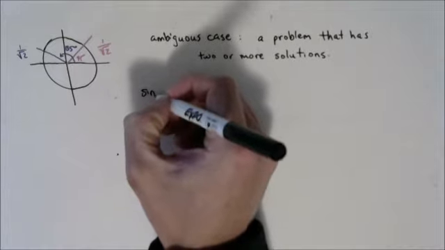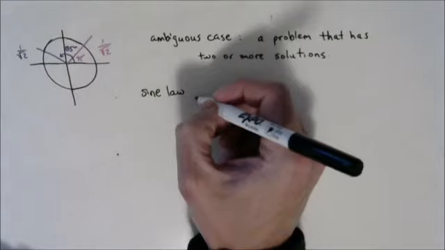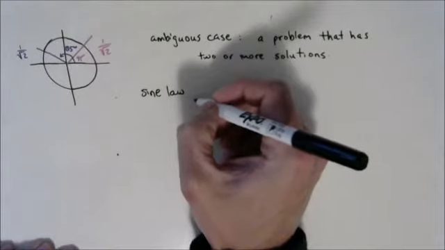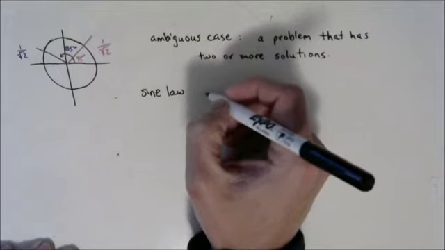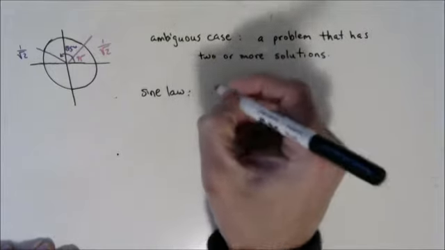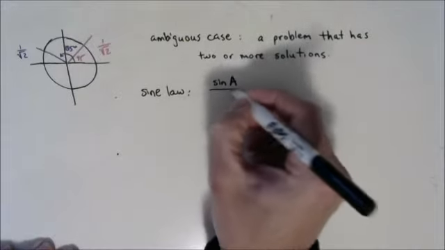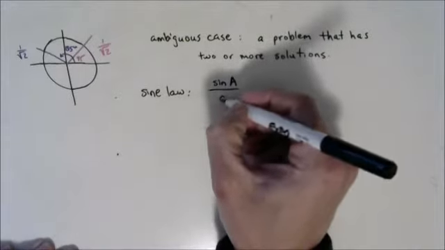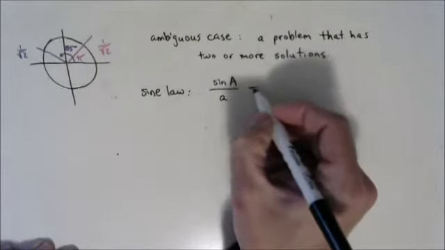First we have the sine law, which relates in a triangle the ratio of the sine of an angle to the length of its opposite side. So we have the sine of angle A, capital A, over lowercase a. So this is an angle and its corresponding side.